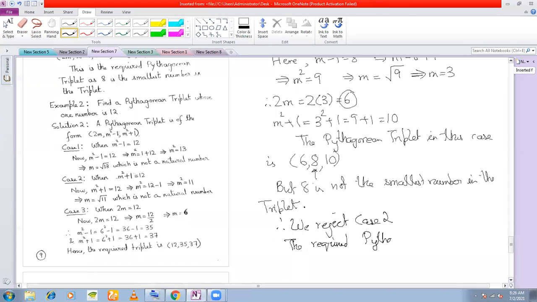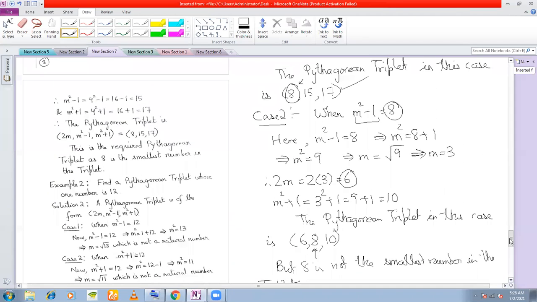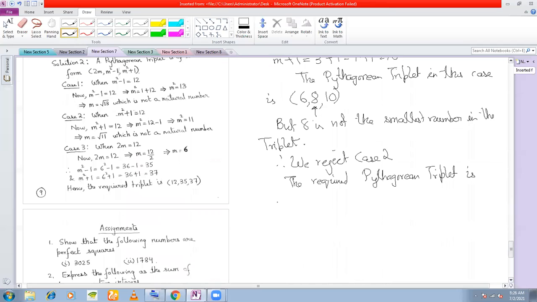Sir, we have to check by doing both. Yes, ideally you should be checking both the cases.